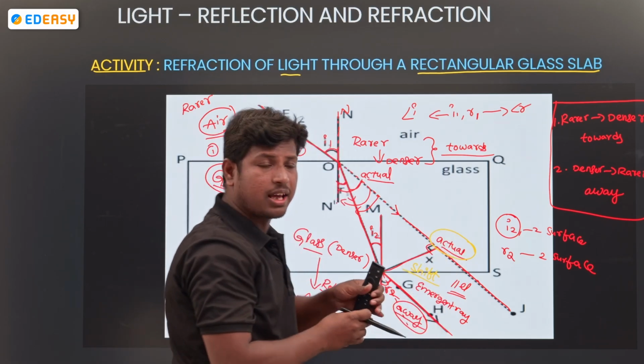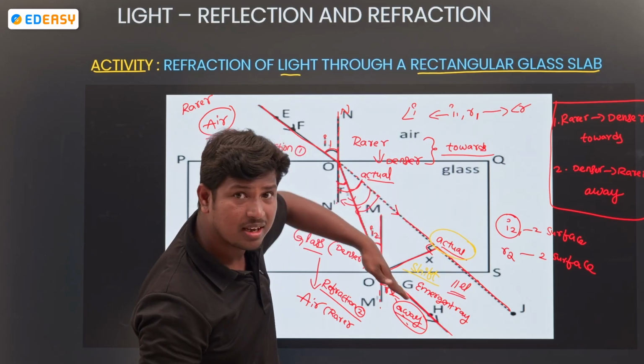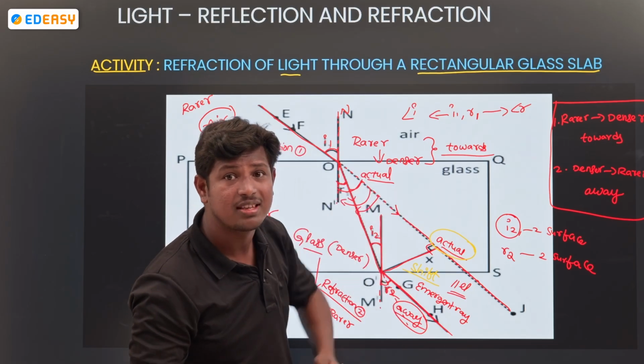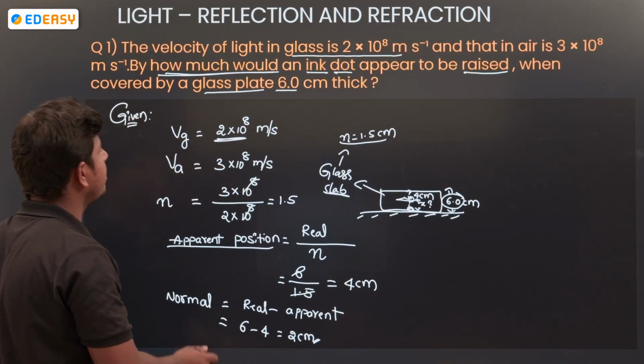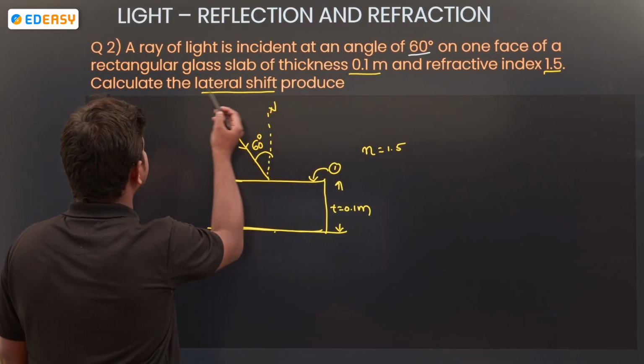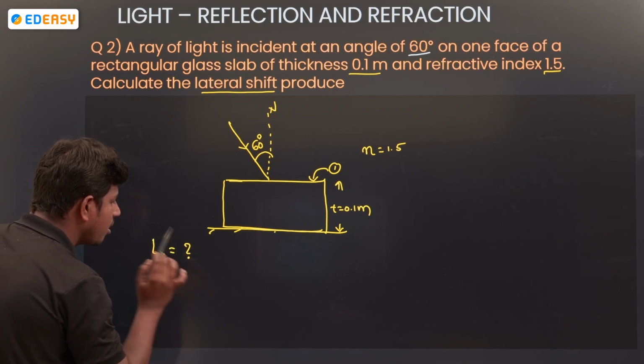Here it is shifted from here to here, so this shifting we call the lateral shifting. That lateral shift L is what we are going to find out.